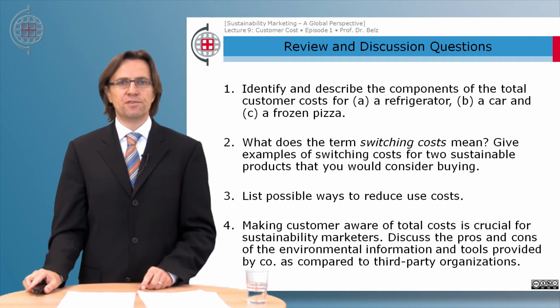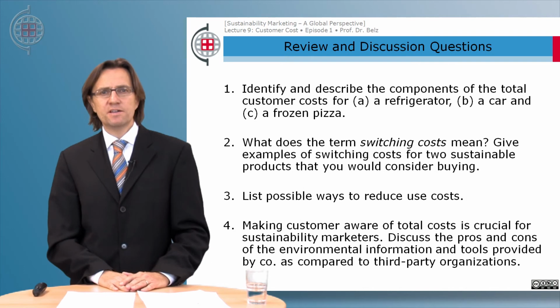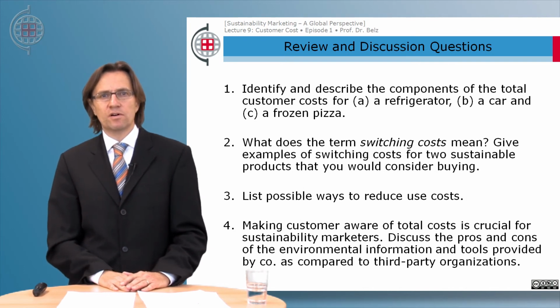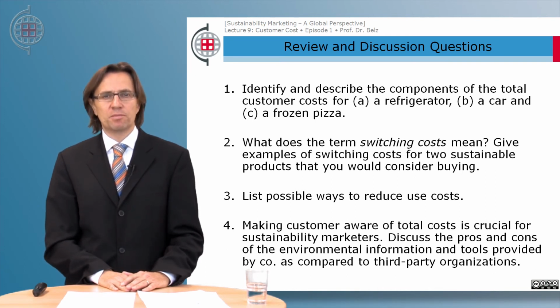Let's have a look at the review and discussion questions. First one, identify and describe the components of the total customer cost for a refrigerator, a car, and a frozen pizza. What does the term switching costs mean? Give an example of switching costs for two sustainable products that you would consider buying.